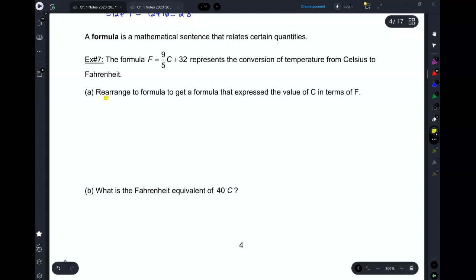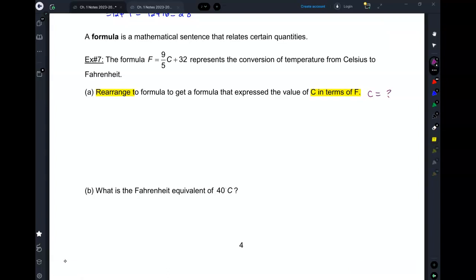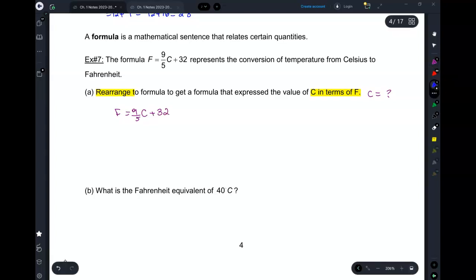So here it says to rearrange the formula so that we get C in terms of F. So basically we want it to look like C equals blah. So F equals 9 over 5C plus 32, and it's this C that I'm going to solve for. So what is the first thing I get rid of? What is the farthest from the C on this side? The 32. So the first thing I want to do is subtract 32 from both sides.